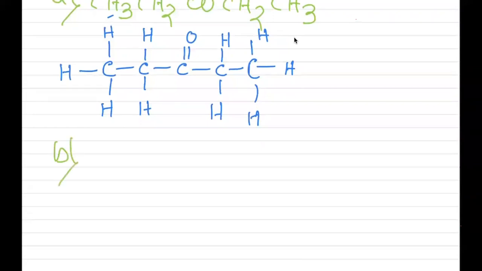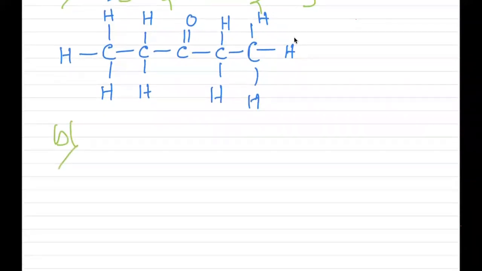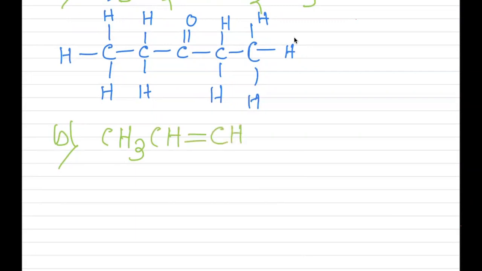Okay. Now the next compound. This is the condensed formula CH3 CH double bond CH (CH2)3 CH3.